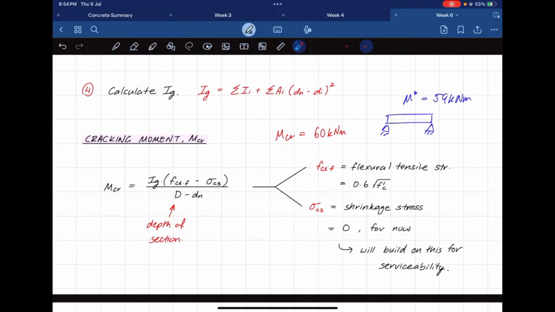Because MCR, the capacity of my beam before it cracks, is greater than what's actually acting, I'm going to consider my section to be not cracked. However, if this changes to 100, because M star is greater than MCR, my beam is now cracked. Does that make sense? Whoever's listening?